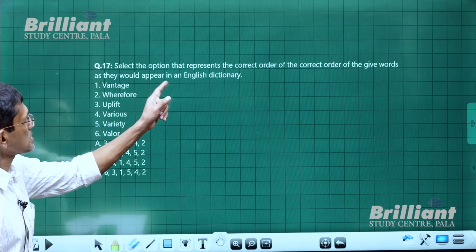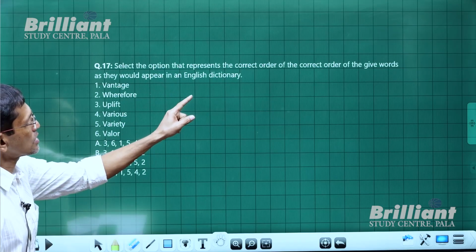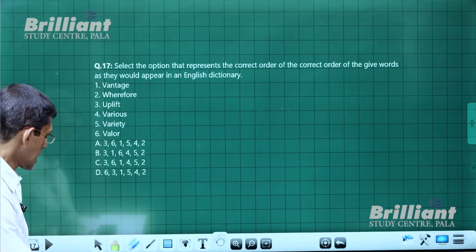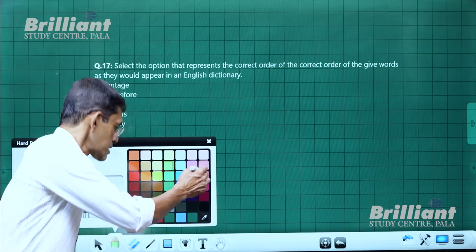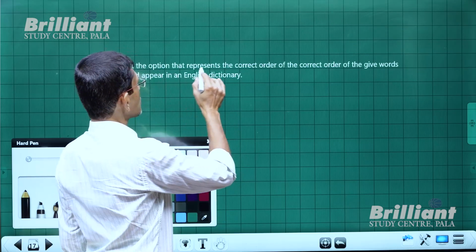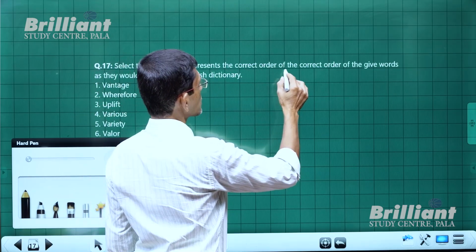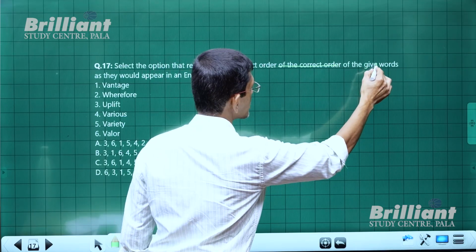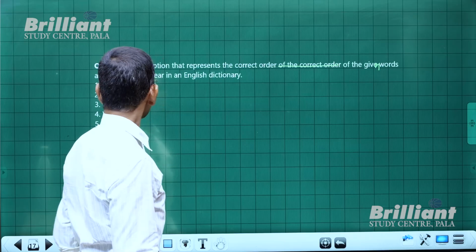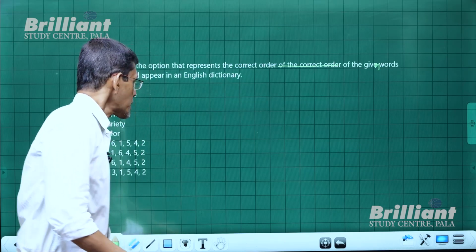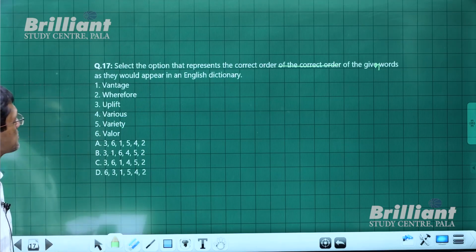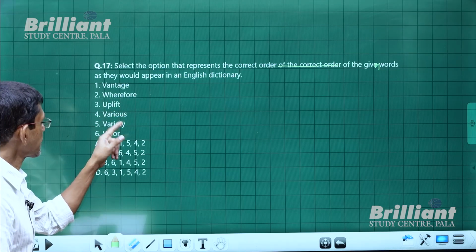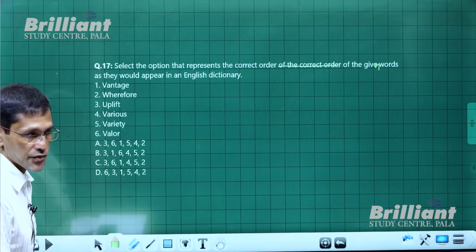Select the option that represents the correct order of the given words as they would appear in an English dictionary. The words are vantage, wherefore, uplift, various, variety, valor, right?